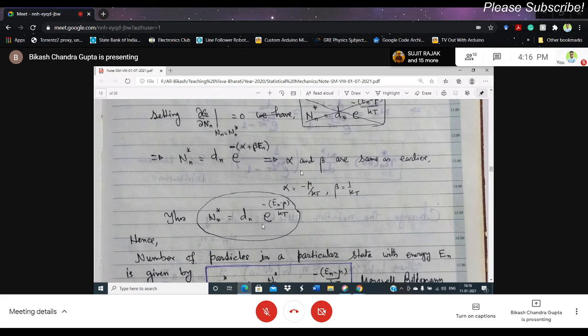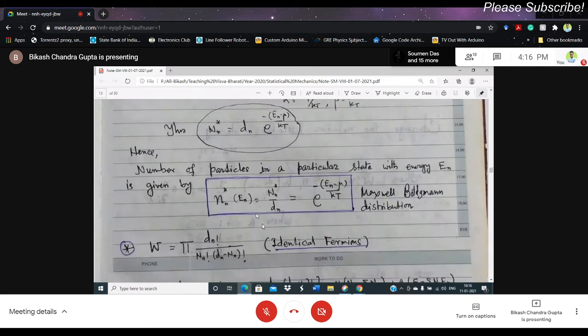One goes with the number of particles, and another goes with energy, and therefore this is the most probable occupation, because n star is the number of particles occupying per state, because you divide by dn, right? So there are so many sets possible, but this is one set, the most probable set.